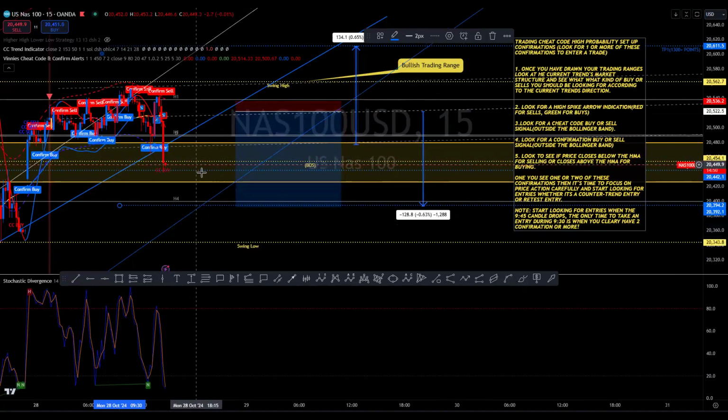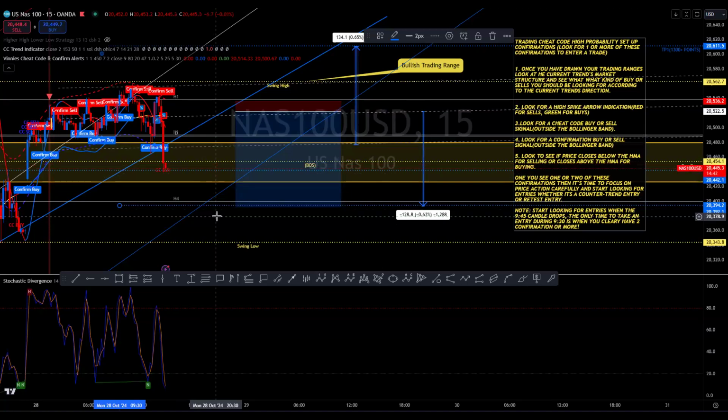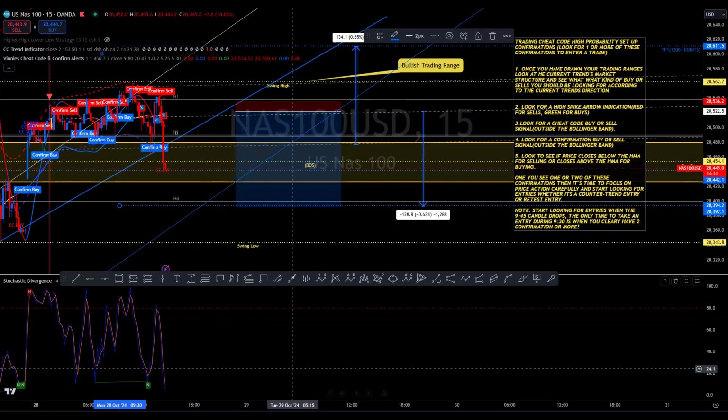We got a cheat code buy here. It's sticking out of the Bollinger Band. It would be nice if we got a high spike arrow. I want to see a high spike arrow. That's what I want to see.